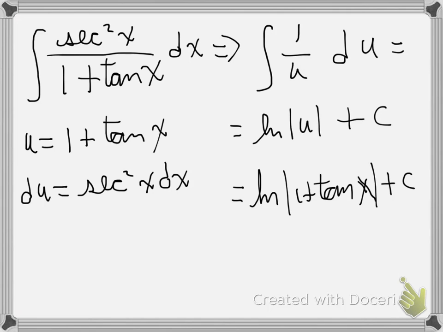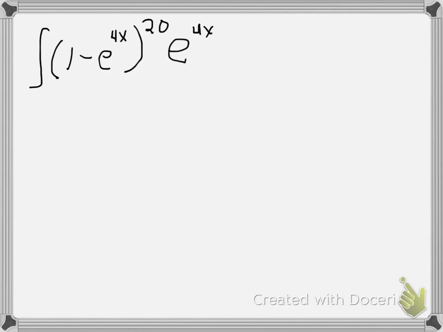Alright, let's see. The next one we want to look at, integral 1 minus e to the 4x, raised to the 20th power, times e to the 4x dx. Okay.